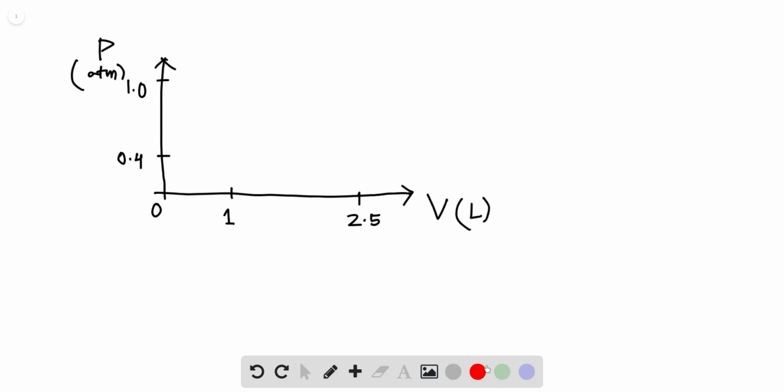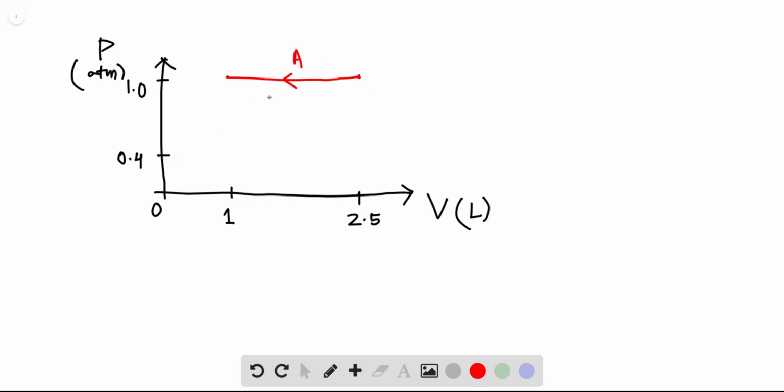So we should have a straight line going from 2.5 liters to 1 liter, and the direction should be like this because it's a process of compression, so we must have a decrease in volume. The process is occurring at 1 atmospheric pressure, hence the horizontal line should be positioned at that place. Let's call this segment A.